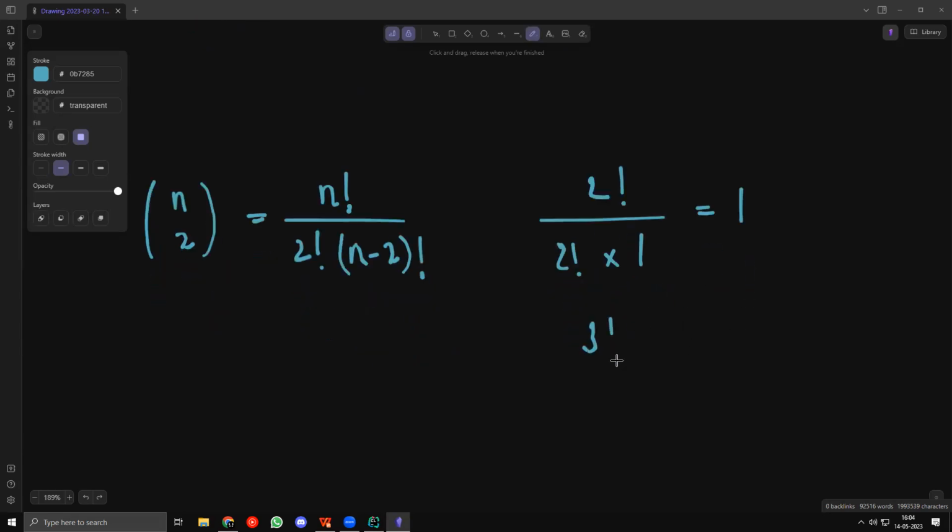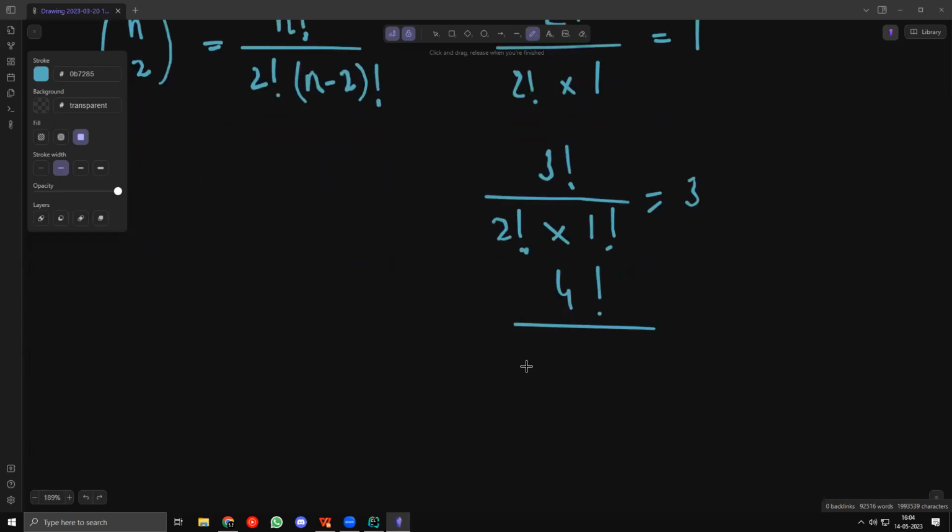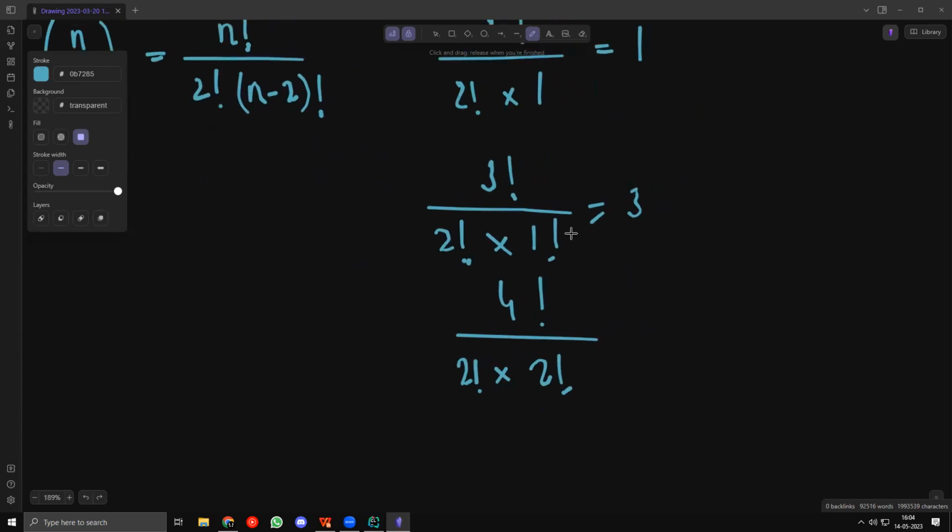For 3, that's just equal to 3 factorial divided by 2 factorial times 1 factorial, which is just equal to 3. Now let's do the same for 4. It's 4 factorial over 2 factorial times 2 factorial, which should be 3 times 4, 12, 12 divided by 2 equal to 6.